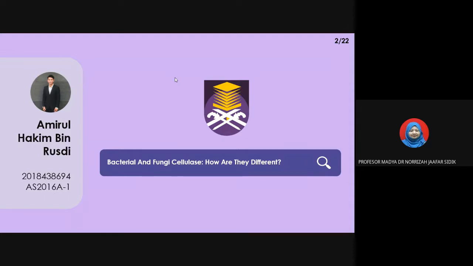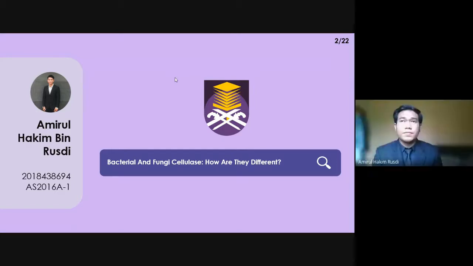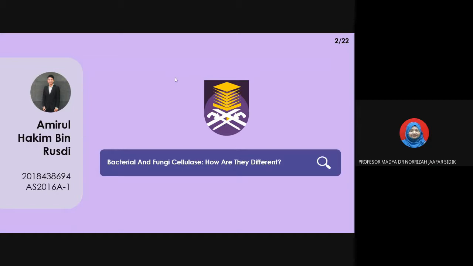So you do the comparison between the bacterial and fungal cellulase, right? So what criteria do you see as different? Can you tell us in points what the criteria are? Based on what criteria?